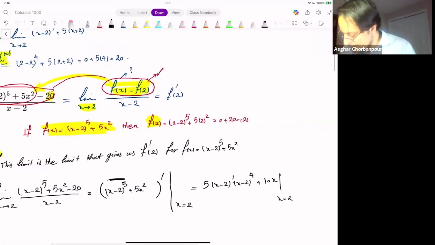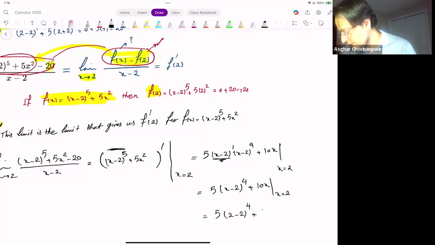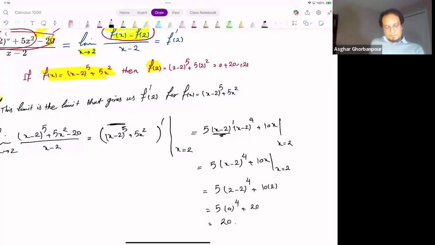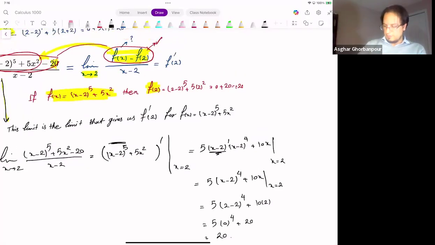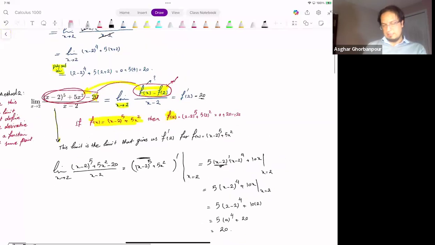The first term is 5(x minus 2) to the power 4, plus 10x. Plugging in x equal to 2, you get 5 times (2 minus 2) to the power 4 plus 10 times 2, which is 5 times 0 plus 20. That is just 20. In other words, we found that this limit is 20, another way of finding that limit.